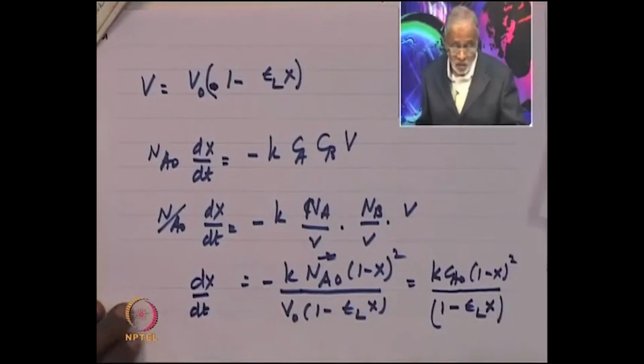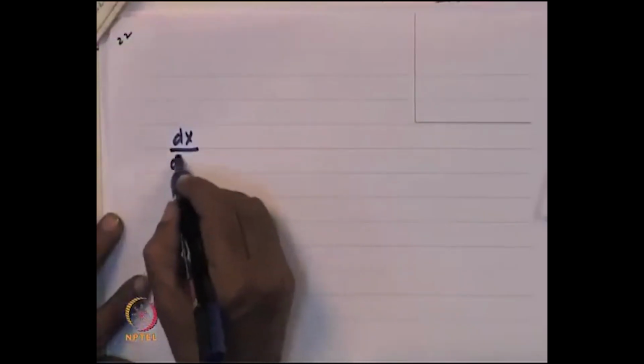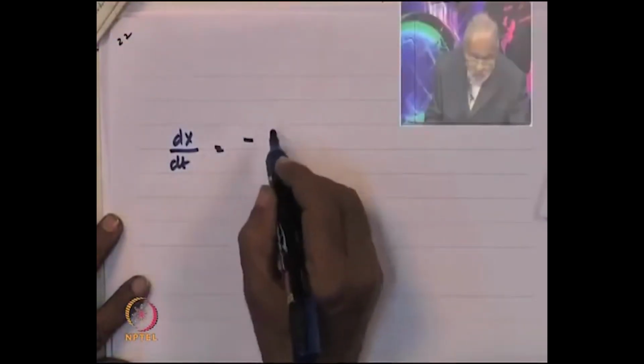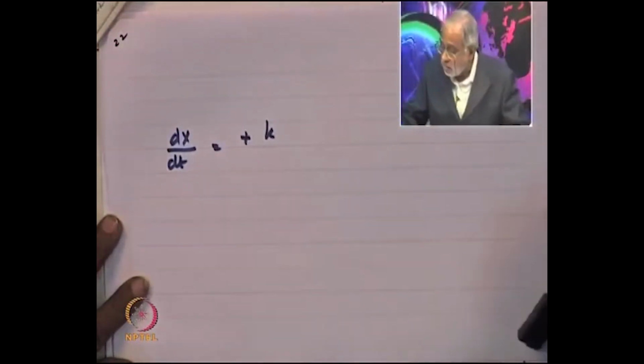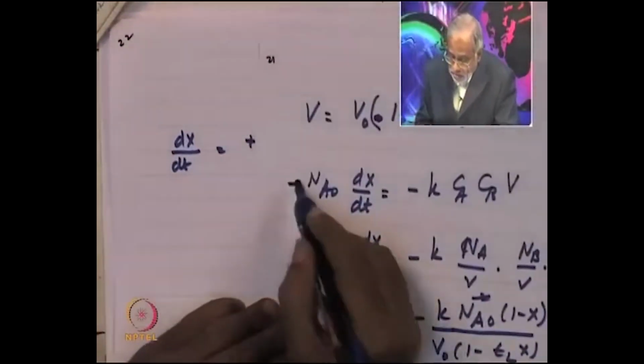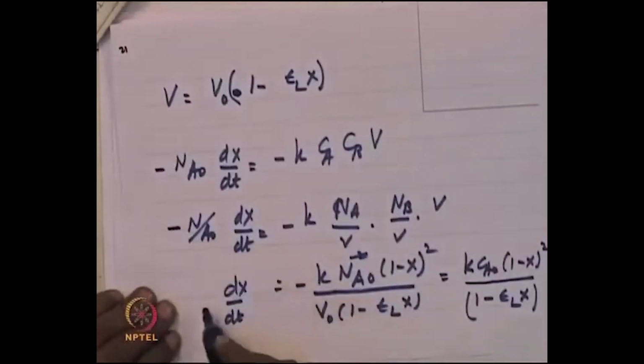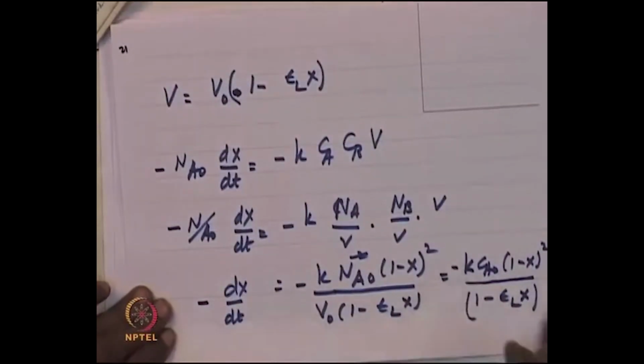Is that clear? So, we can solve this now. It is a fairly simple thing to solve. So, we have now our equation is dx dt equal to, I forgot the minus sign here, so there will be a minus sign here.